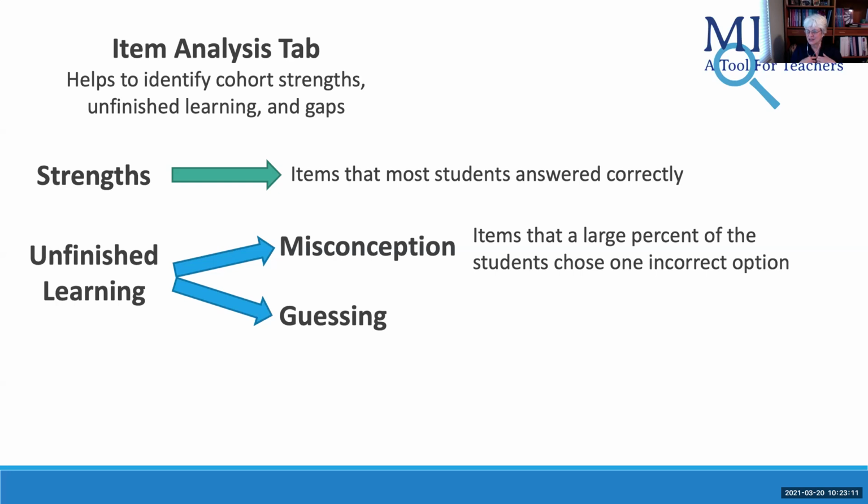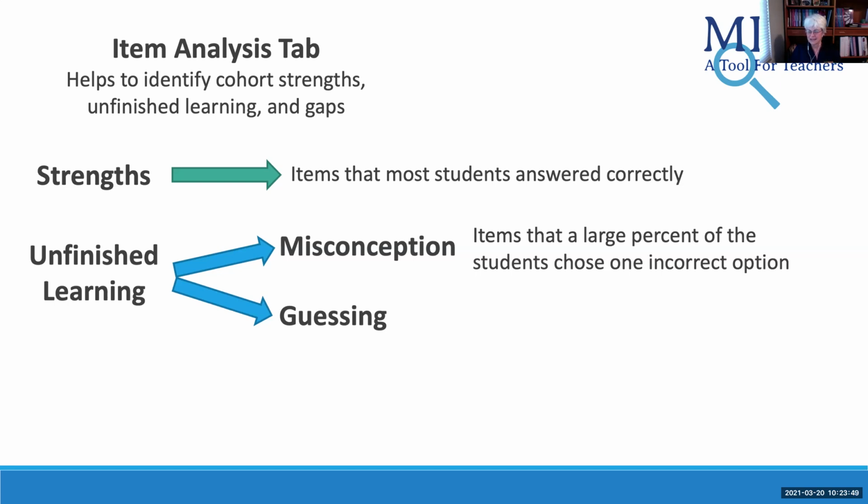As a teacher, that is the most concerning thing for me, because a misconception is when a large percent of your students choose one incorrect option. That's the scariest part, because students believe they're right. A majority of students have chosen an option that is clearly the wrong answer. This is something you need to address in your class so that those misconceptions can be dealt with. And we're going to take a look in a minute at how you can see that in the student responses.